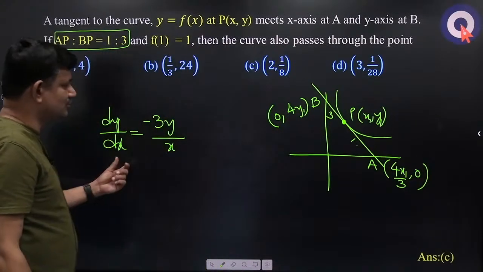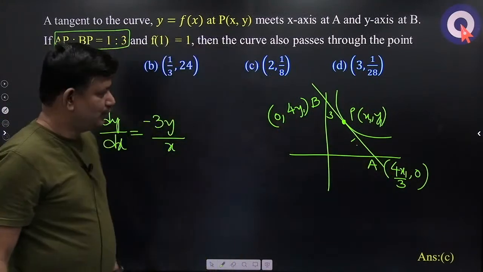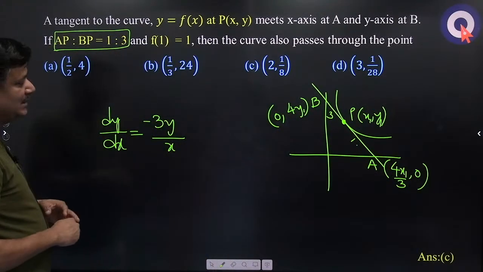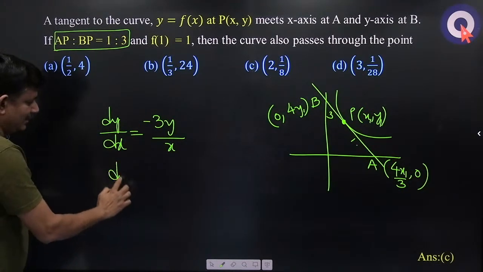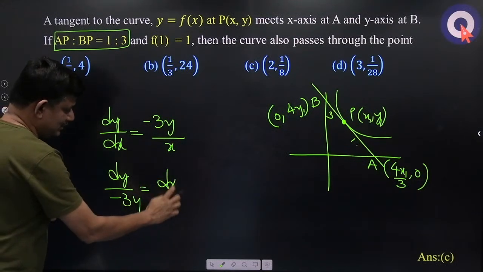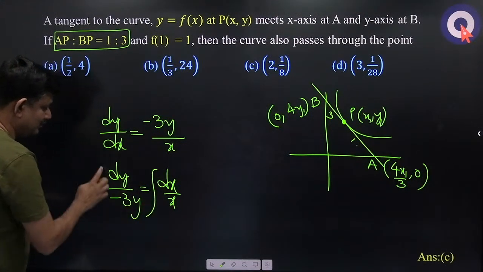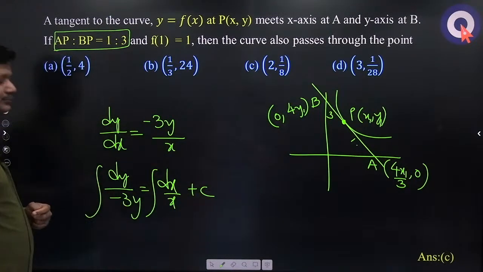So dy by dx, how much will it be? y2 minus y1 by x2 minus x1. 4 gets cancelled. It will be minus 3y by x. Now it's a variable separable question. Simple. dy by minus 3y is equal to dx by x. Integrate on both sides. Add your integration constant.